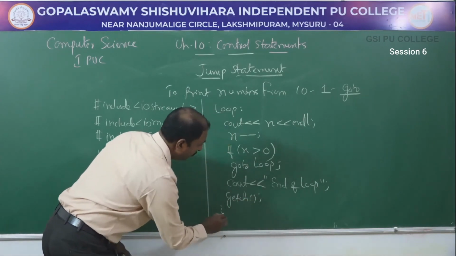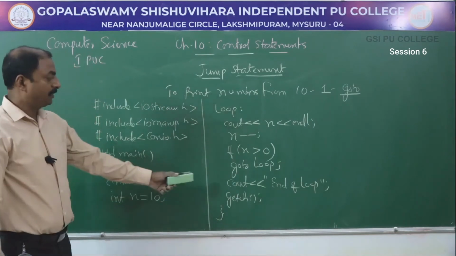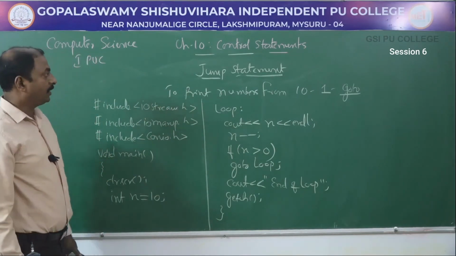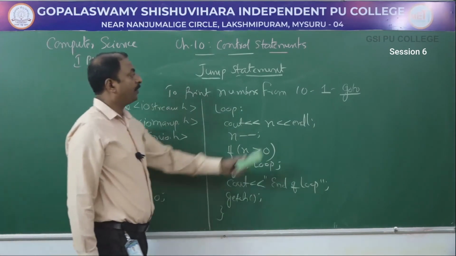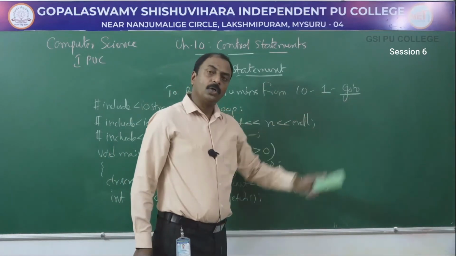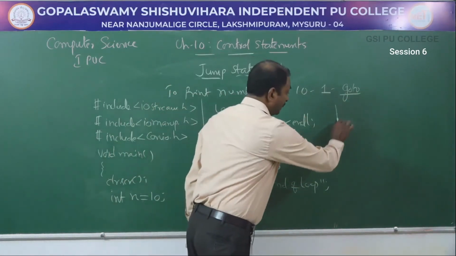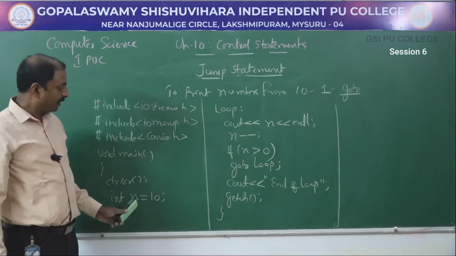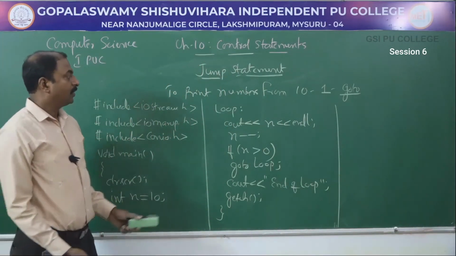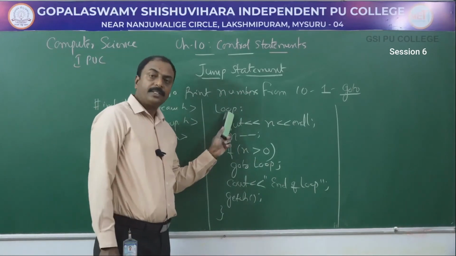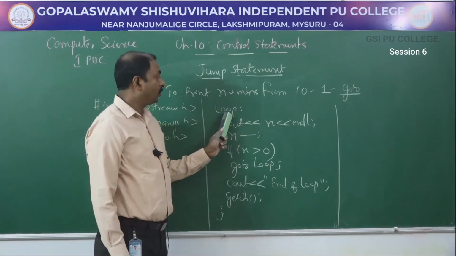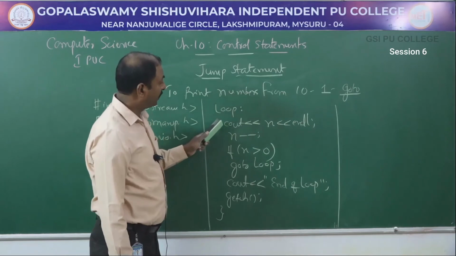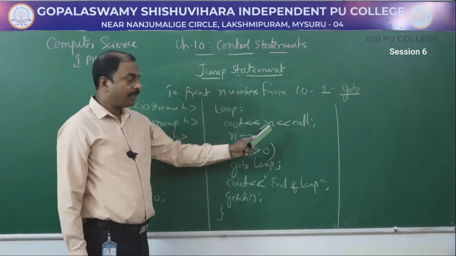Now look at this example. This is a program to print numbers from 10 to 1 using goto statements. Now let us see how it is going to execute. At the beginning n equals 10. This is the label name here, loop:, and here we have written the statement cout n.